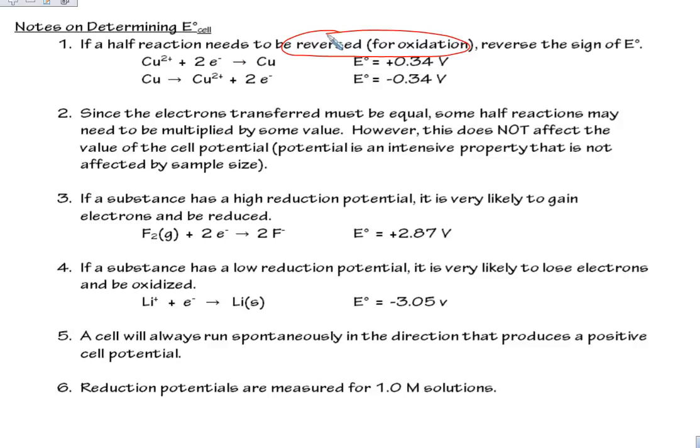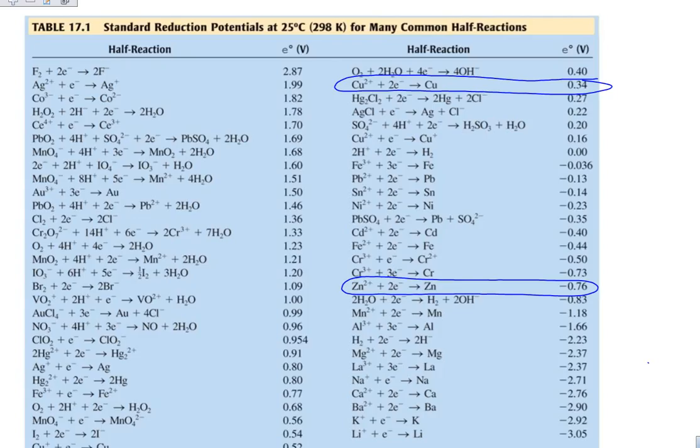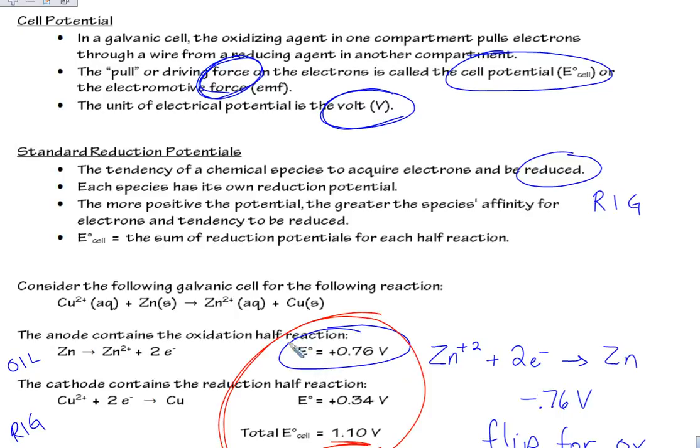Okay, number 2. Since the electrons transferred must be equal, do you remember how sometimes you needed to multiply one of the half reactions? Now, that may not have applied in this one. It was a plus 2, plus 2. 2 electrons were transferred in each of the halves.